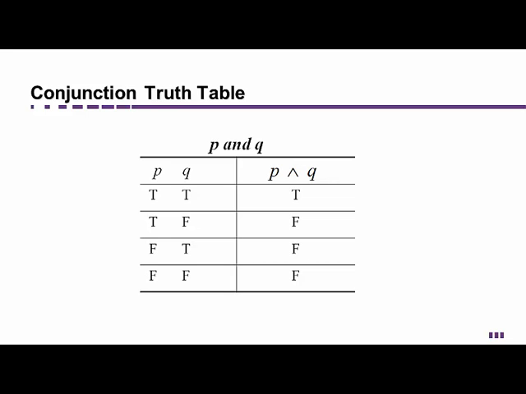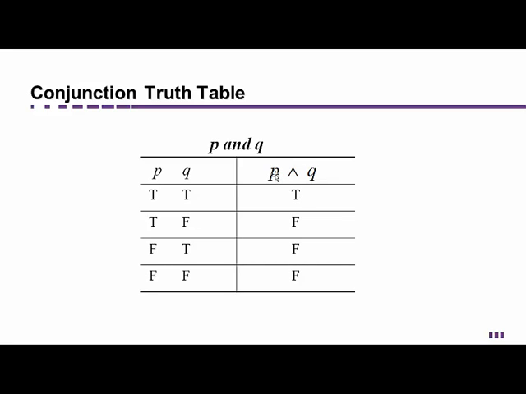Okay, so here's a typical truth table. We have these two statements, P and Q, and then we have the compound statement, P and Q. And basically, because it's an and, you have to satisfy both things. So when P and Q are both true, then the statement is true.